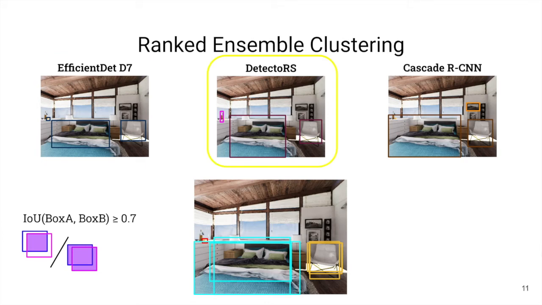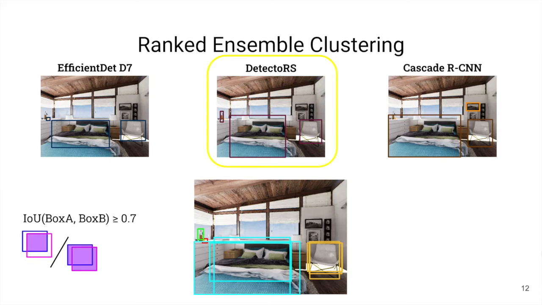We then move to our next best performing detector, in this case Detector RS, and take any of its unclustered detections that are remaining into our final image. We then examine the lower performing detector Cascade RCNN and see if any of its remaining detections can be clustered with this detection.